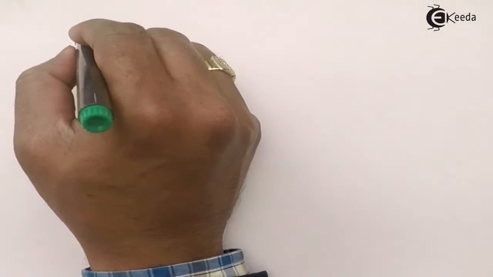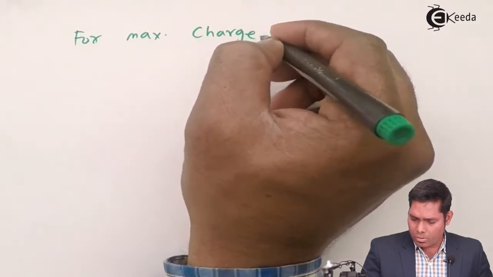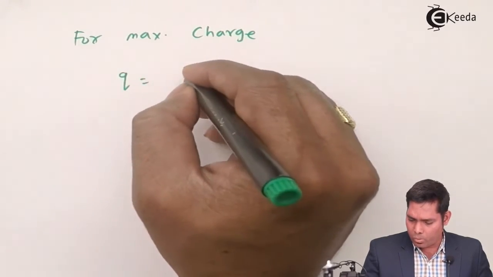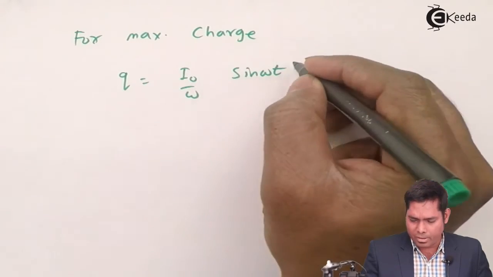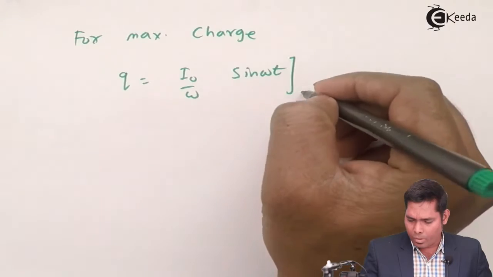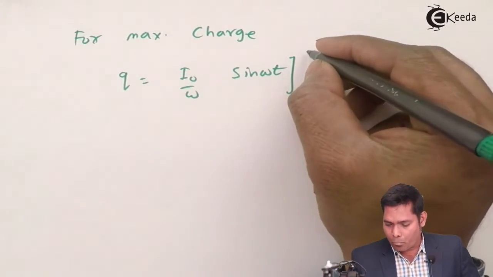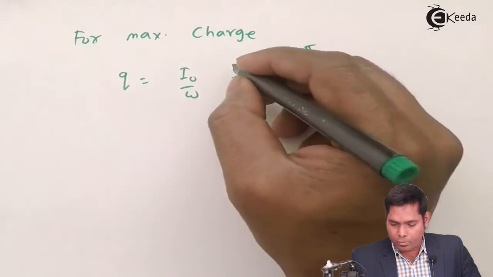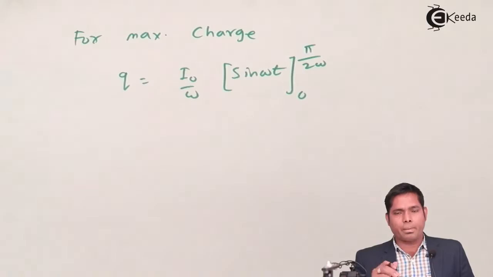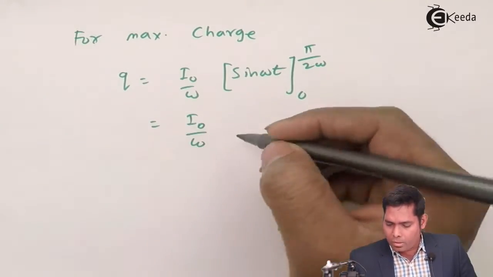For the maximum charge, we do one thing: Q equals I naught over omega sine omega t, taken from 0 to pi over 2 omega, because we know that up to that time only it is maximum. We have to find I naught by omega.